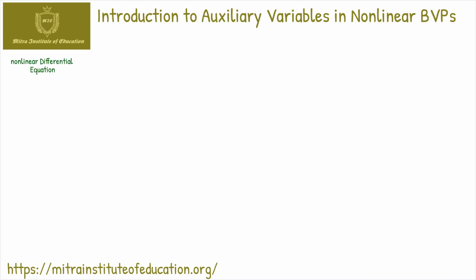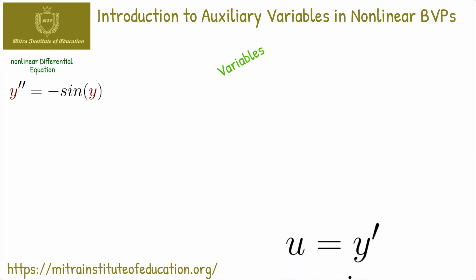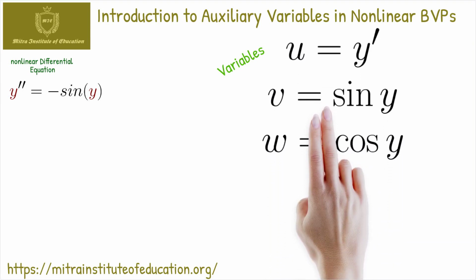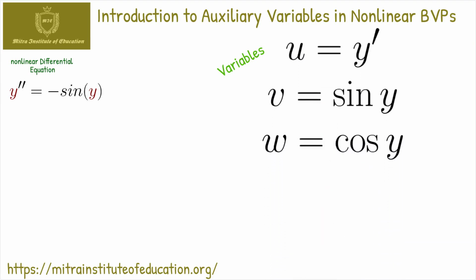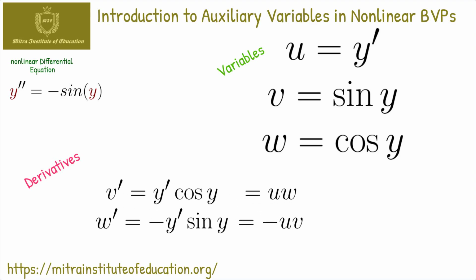In order to handle nonlinear boundary value problems, we introduce auxiliary variables. The goal is to express any non-polynomial function and its derivative in terms of a new variable. Once we define these auxiliary variables, we compute the derivatives and substitute the results into the system.